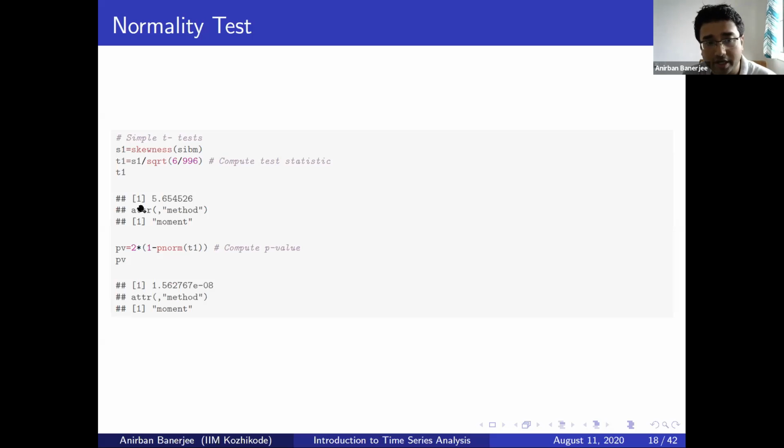So here, instead of comparing the t-stat with our benchmark figures of say 1.96 and minus 1.96, we are computing the p-value. The p-value can be computed this way. I'm not going into the conversion. If any of you are interested, I'll send you some material about how to convert t-values to p-values. It's going to take a long time.